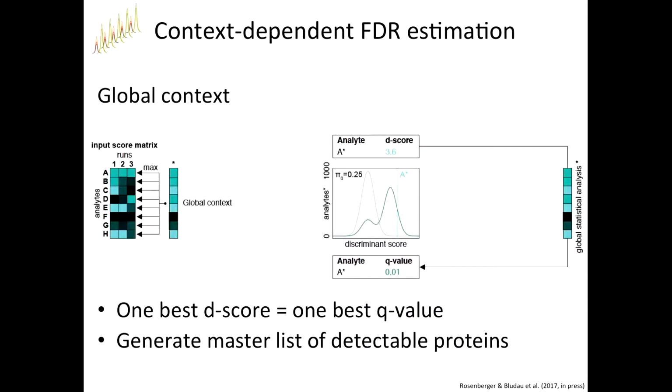For this, you can basically take the best d-score per analyte and make a discriminant score distribution for this one. You will get an optimal q-value for this one, and you will control the FDR on this global set. And this can be used to generate a master list of detectable proteins. If you use this, you can make sure that you don't have a large error accumulation across large data sets. And I'll show this in a few slides.